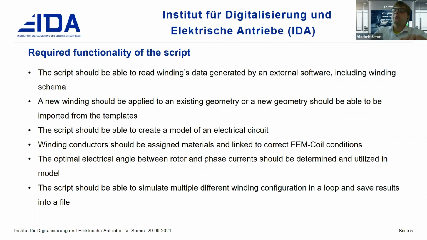The winding parameters have to be saved somewhere, or generated by an external software. The new winding should be applied either to an existing geometry or a geometry which was generated from a geometry template which was previously saved.